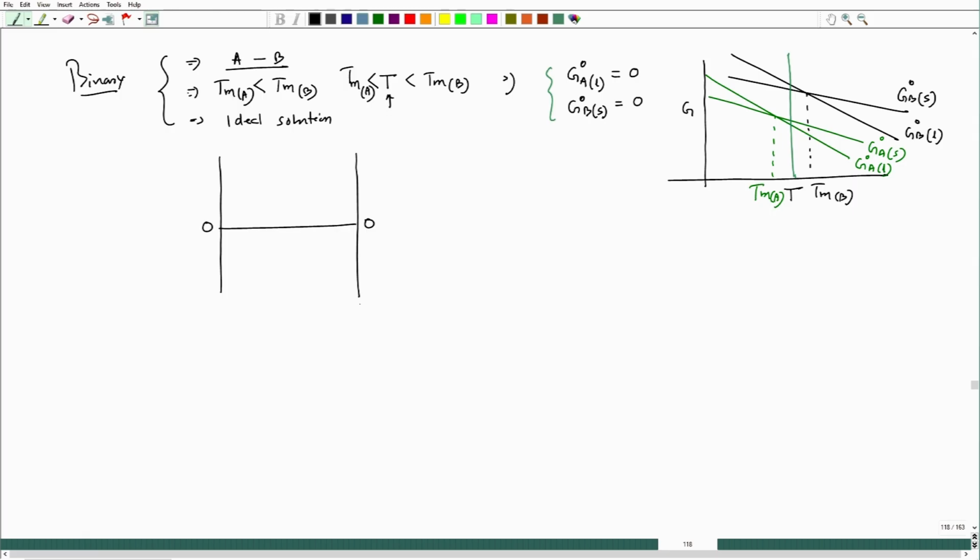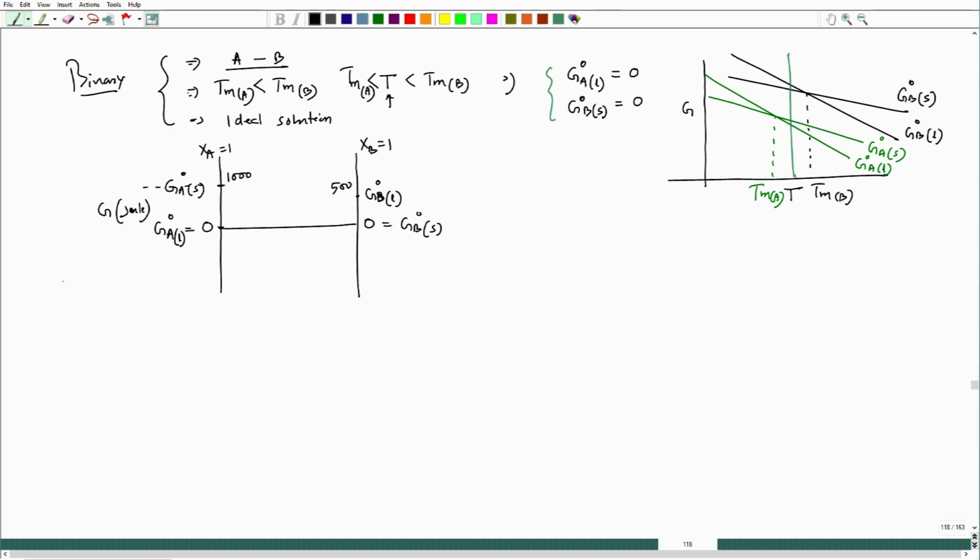This is 0, this is 0, this is x B equal to 1, x A equal to 1, and this assignment is G A naught liquid, and this was G A naught solid equal to G B naught solid, and let us say this is G B naught liquid. This difference, let us say this particular value, is 500, and this is in joule.